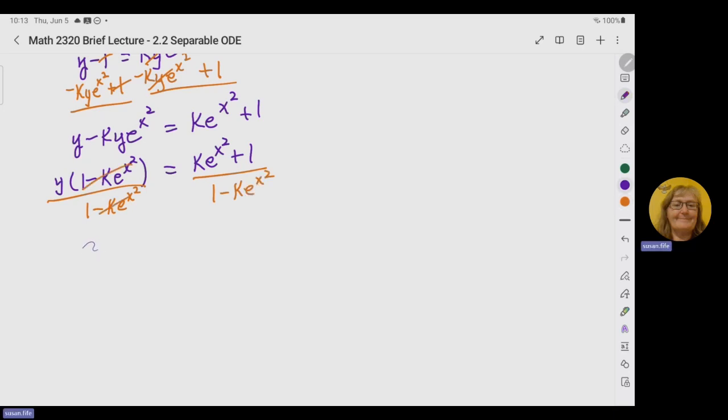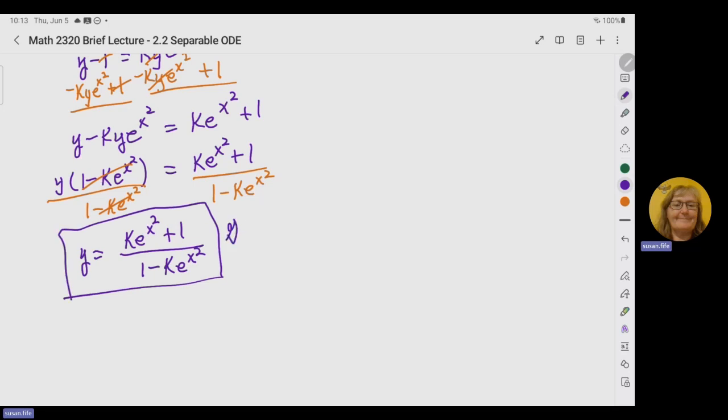And we have our general solution. y is equal to k e to the x squared plus 1 over 1 minus k e to the x squared. That's our general solution.